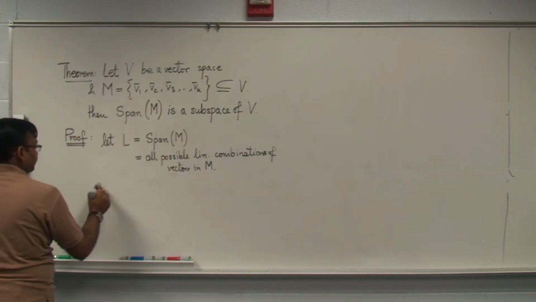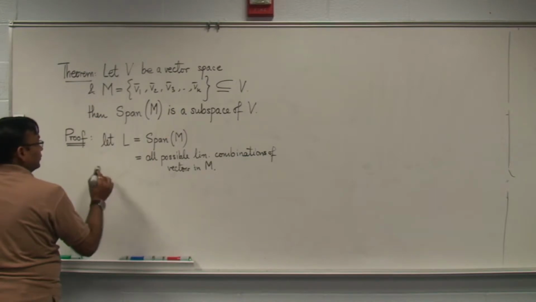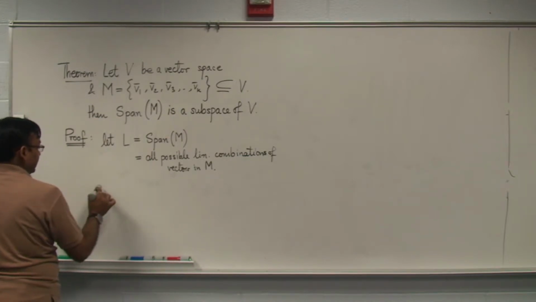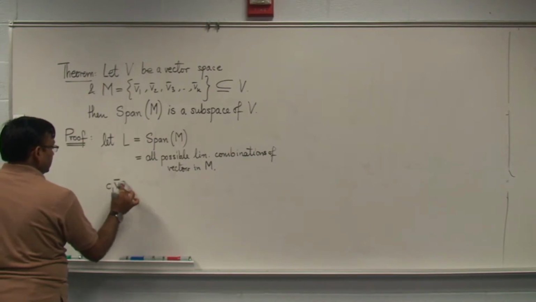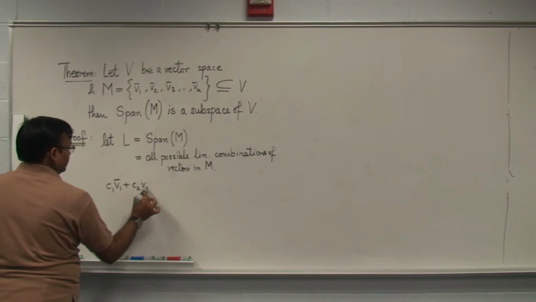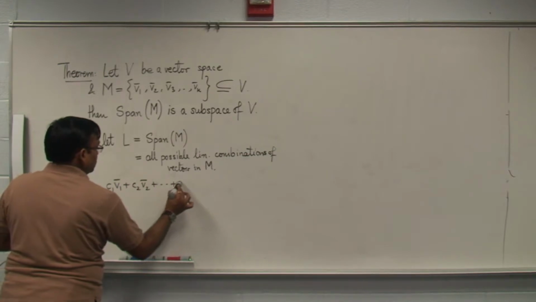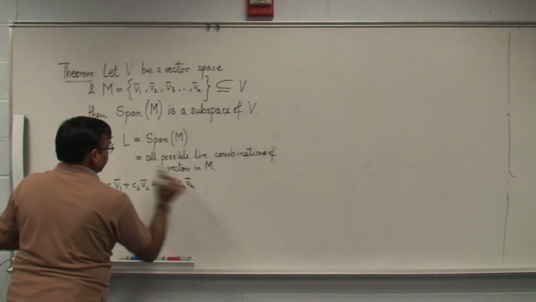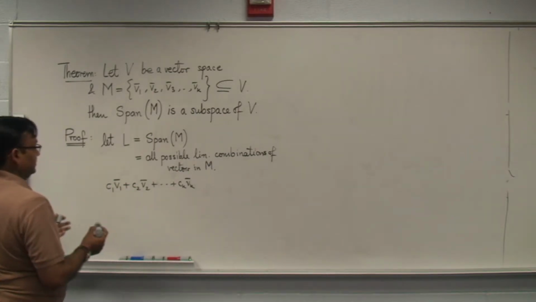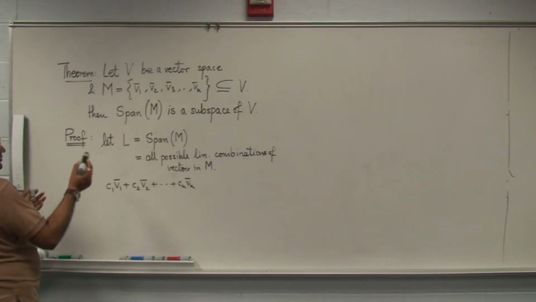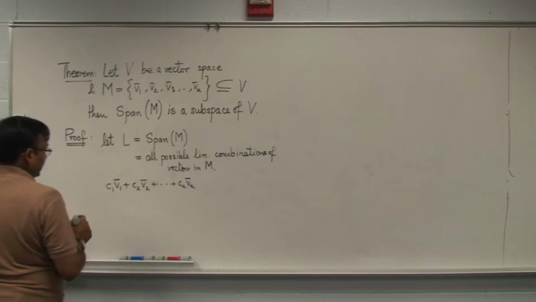Now, if you look at a typical linear combination, it will look like what? c1 v1 plus c2 v2 plus ... plus ck vk. This is what something that lives in the span of M will look like.